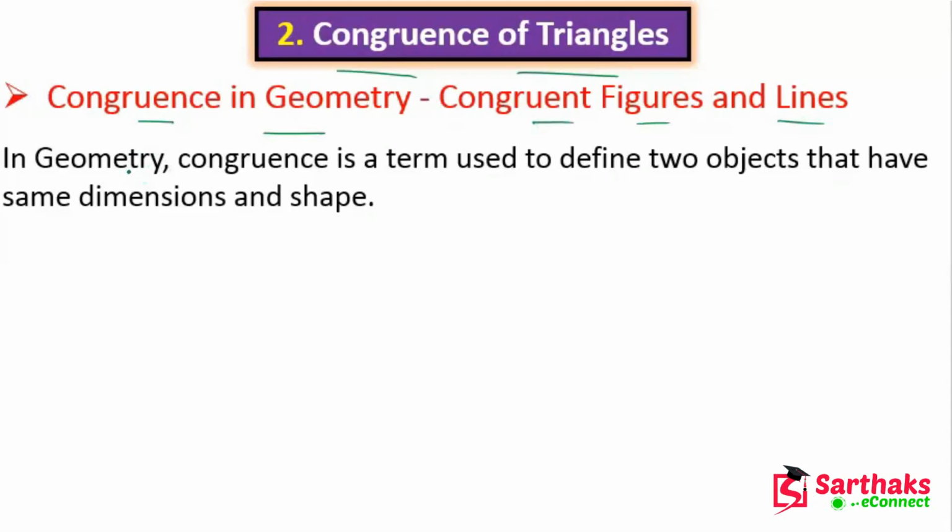So my dear friends, in geometry, what is congruence? Congruence is a term used to define two objects that have the same dimensions and shape. If one shape can be made exactly like the other by turning, flipping, and/or sliding it, then the two shapes are said to be congruent to each other.